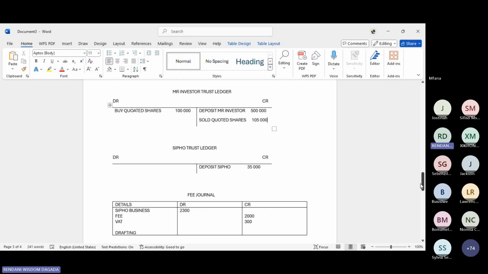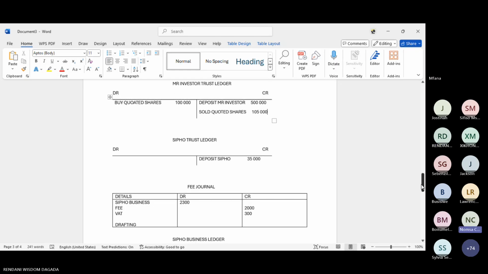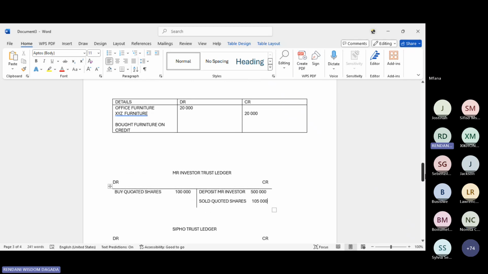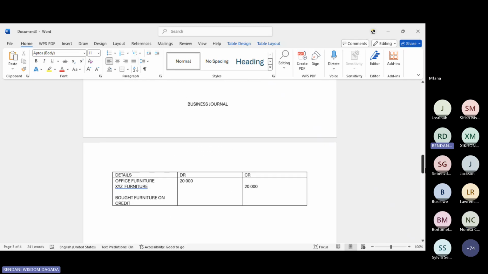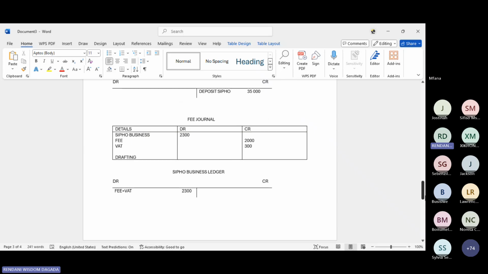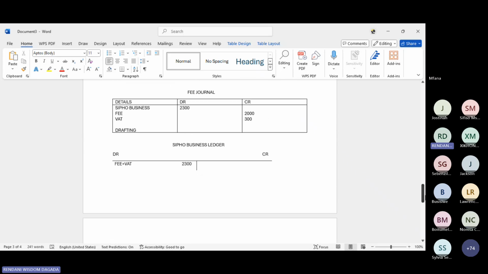How do we determine how much we are entitled to? This is something that I'm going to tell you now. You use your client's business ledger. You need to look for a business ledger that you have in order to determine how much you are entitled to. And in this whole question, we only have SIPO business ledger, which means SIPO is the only one who owes us. So we're going to go to the business ledger of the client to determine how much the client owes us.